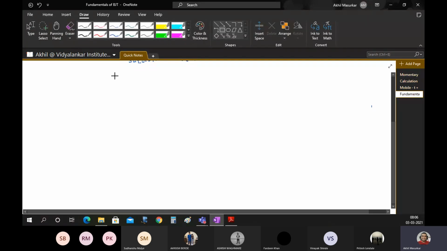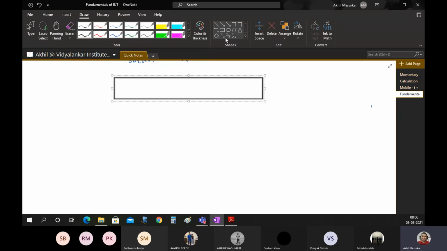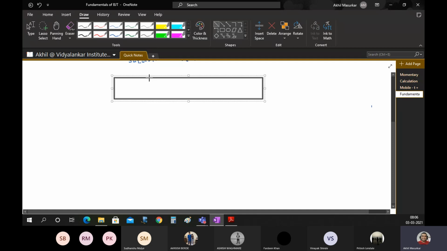So first what will you do? First is always the BJT. In that you will show emitter, then you show the base. Emitter you should show slightly big in size.